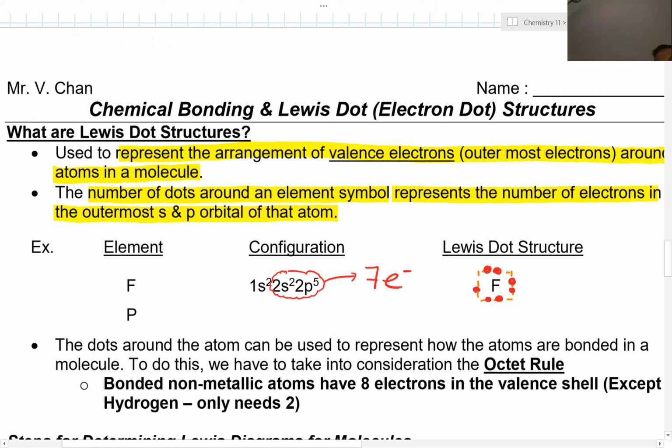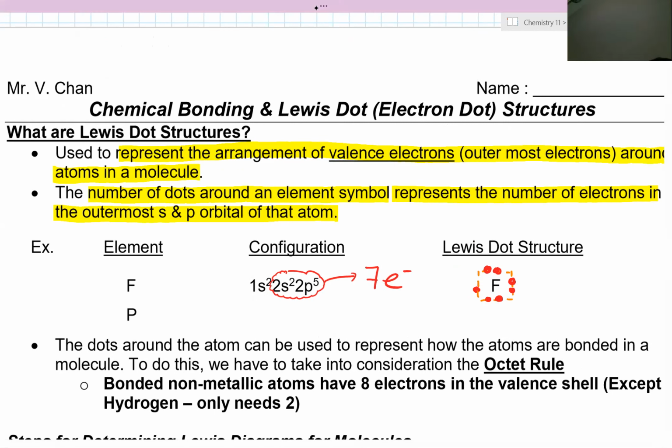Notice I filled in 1 electron on each side of the square before I doubled them up. I think this goes back to the Aufbau principle or Pauli exclusion principle from when we did electron configuration.